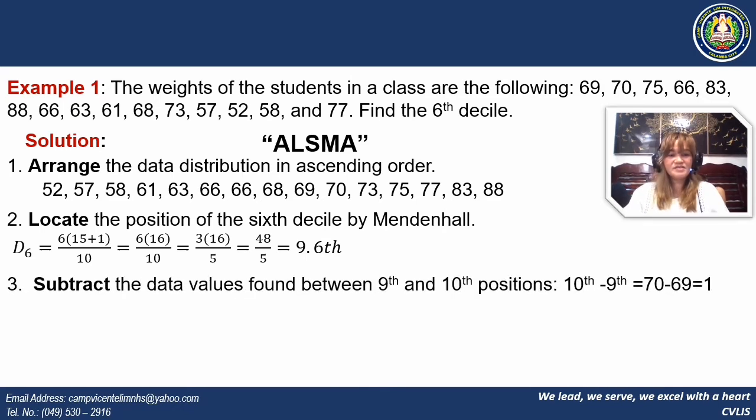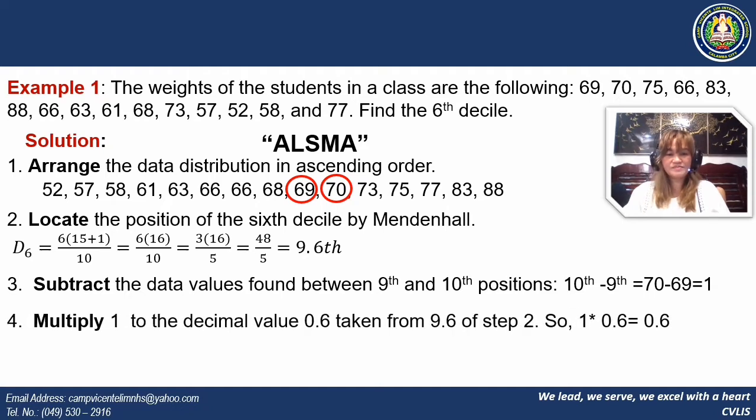Next, subtract the data values found between the 9th and 10th position. The value for the 10th position is 70, and the value for the 9th position is 69. So we have a difference of 1. Fourth, multiply the obtained value from step 3 by the decimal value found in step 2.